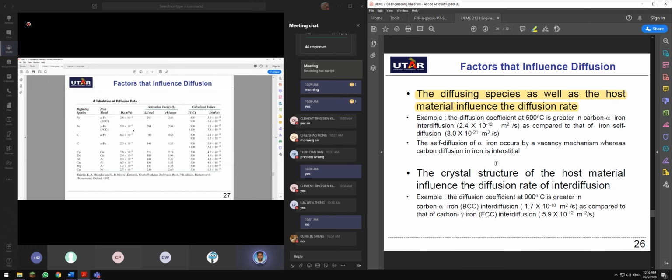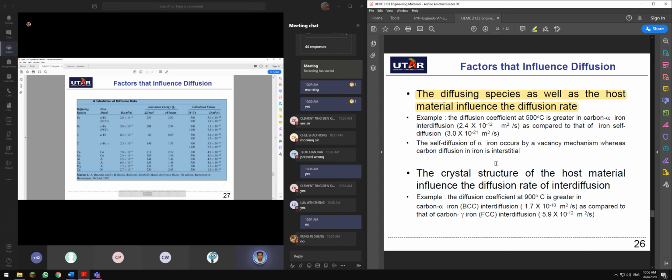Now, if you have the reference book, you can get the tabulation of diffusion data. Usually behind the reference book, you have all the data. So for the sake of knowledge, you can have a look at the tabulation of diffusion data. This kind of data will be helpful during your test and also during your final assessment.